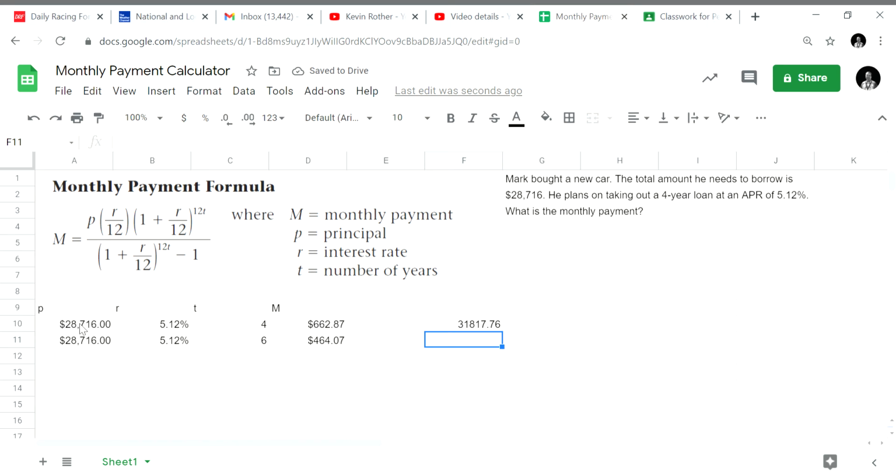The original car was $28,700, so you're going to actually pay an extra $3,000 for that car because you're taking out a loan. Now let's see how much more it would be for 6 years.